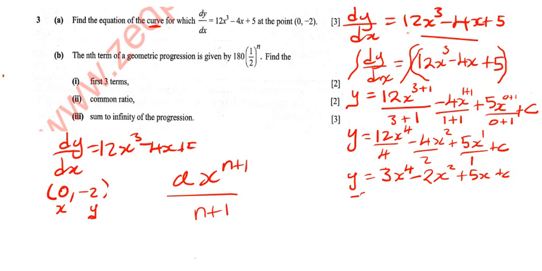negative 2 is equal to 3 open bracket 0 to the power 4 minus 2 open bracket 0 to the power 2 plus 5 open bracket 0 plus c there.